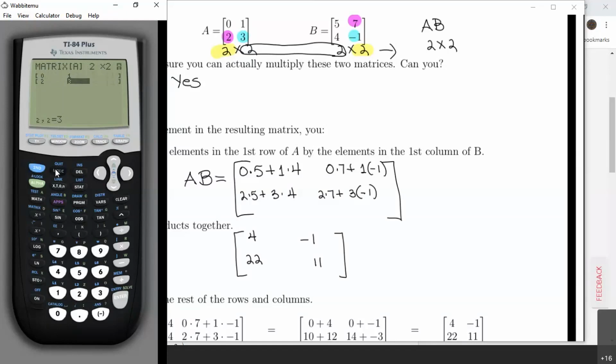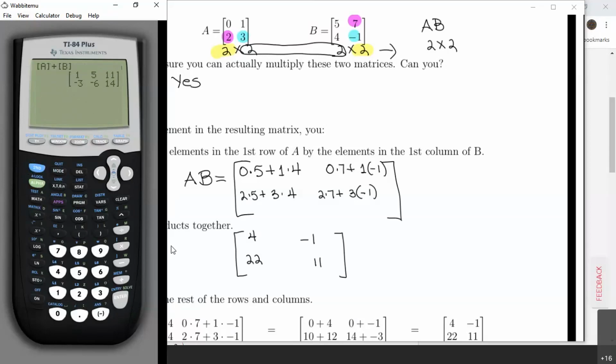I'm going to quit out of here, go back in to matrix, edit matrix B, which is also 2 by 2. And I'm going to put in those values, which are 5, 7, 4, and negative 1. Okay, and quit out again.